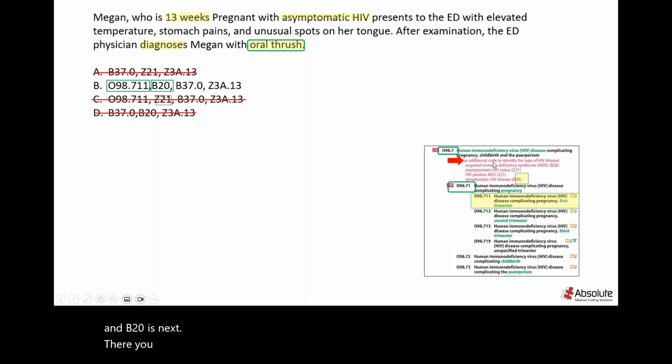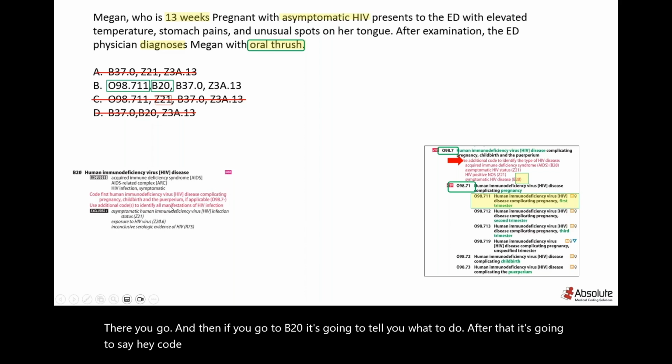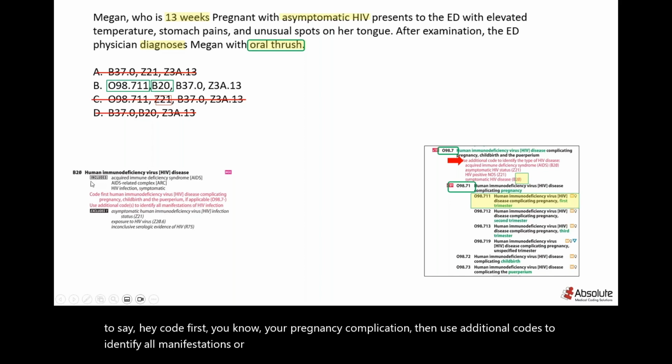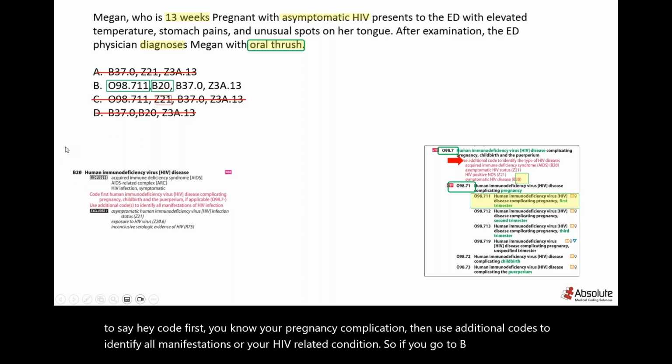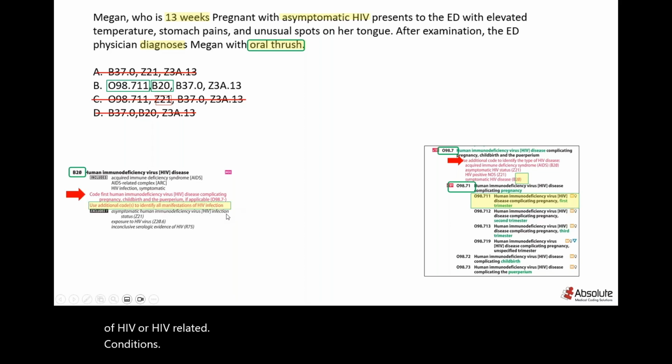There you go. And then if you go to B20, it's going to tell you what to do after that. It's going to say, hey, code first your pregnancy complication, then use additional codes to identify all manifestations of HIV or HIV-related conditions. And that's your thrush, B37.0.